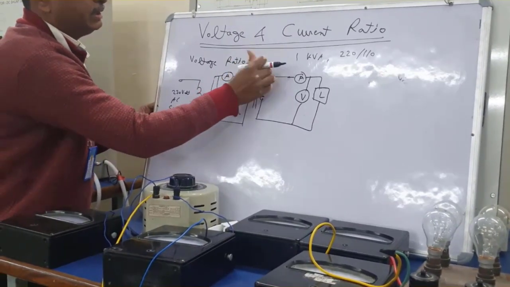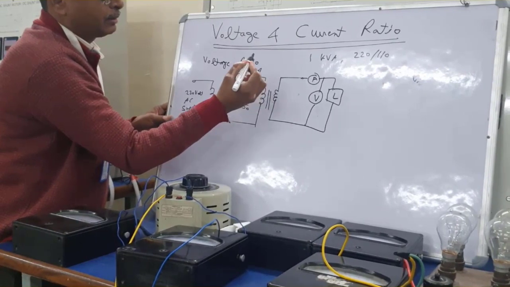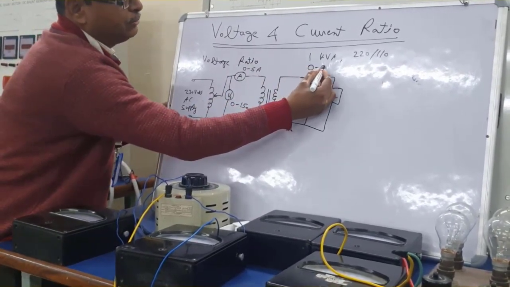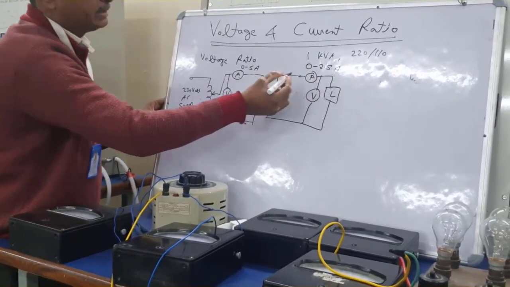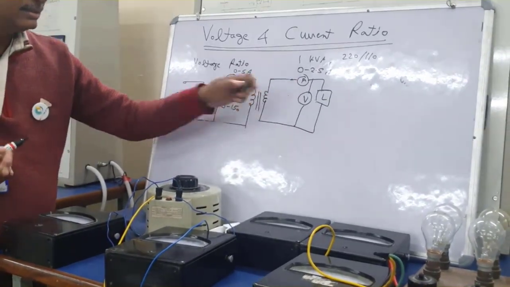The range of this ammeter we will take 0 to 5 ampere, and the range of this ammeter 0 to 2.5. It means two ammeters are inserted here, one on the primary side, the second on the secondary side.